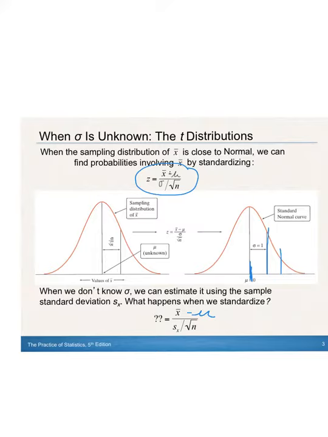We understand that 68% is between 1 and -1 standard deviations, all that kind of stuff. So there's a lot of information we know about the standard normal curve. But if we're going to use the sample standard deviation instead of the population standard deviation, what kind of distribution are we going to get, and what happens when we standardize?